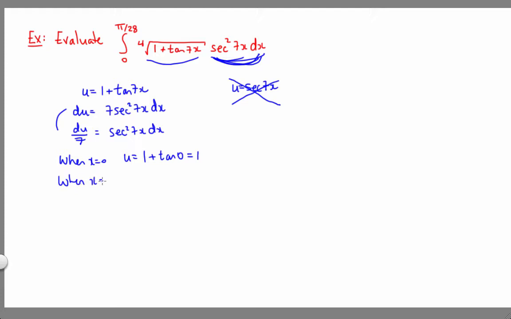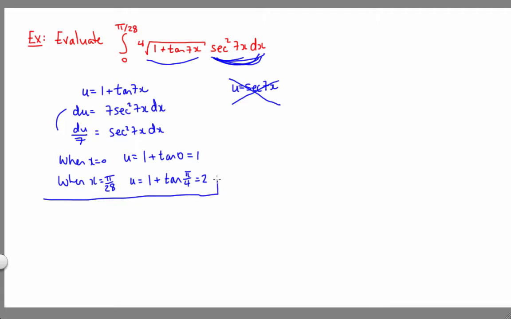And let's see what happens when x equals pi over 28. So u would equal 1 plus tan of, inside the tan we've got 7 times x, so that's going to be pi over 4. And tan of pi over 4 is equal to 1, so overall u is equal to 2.